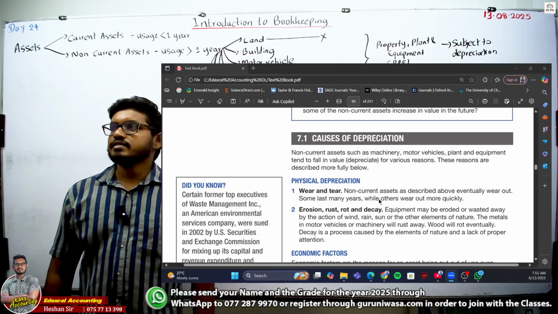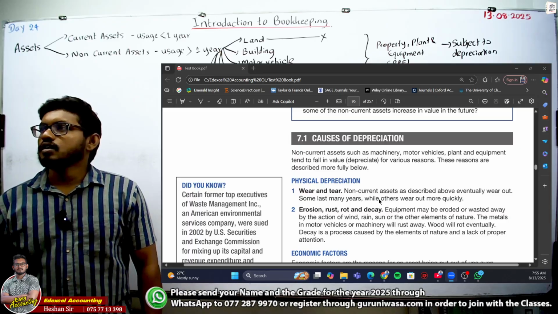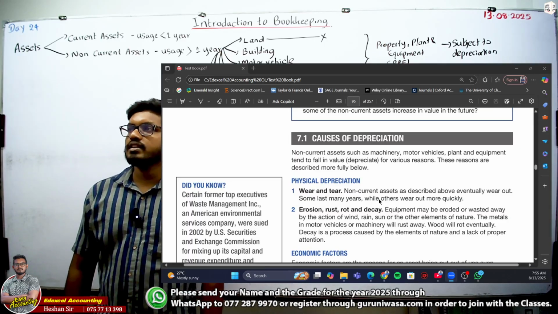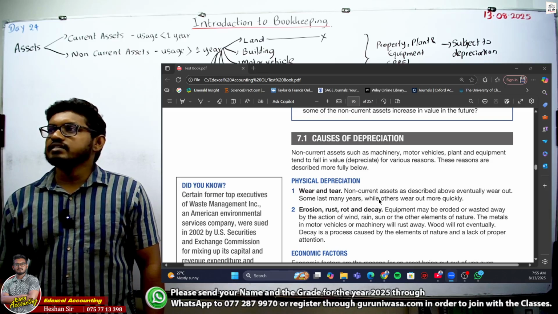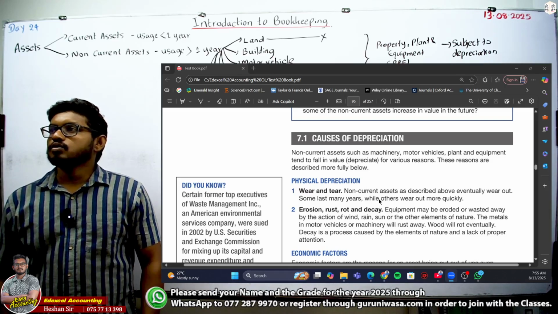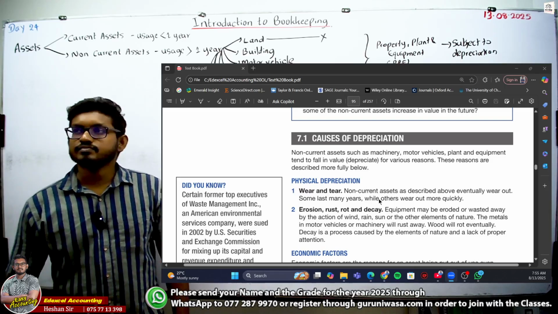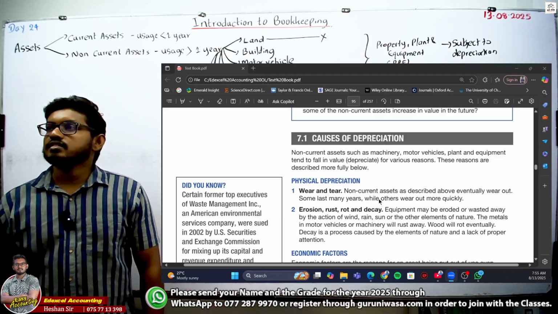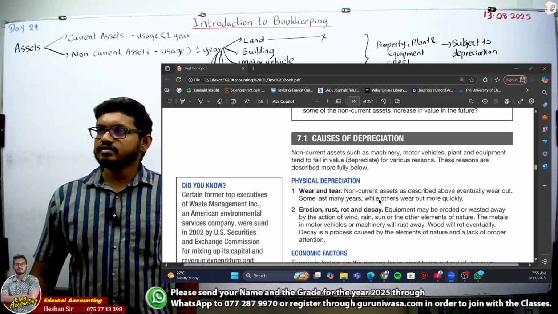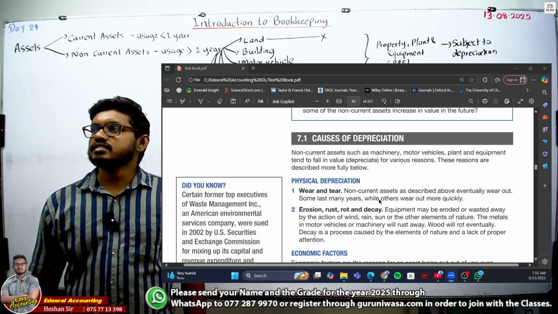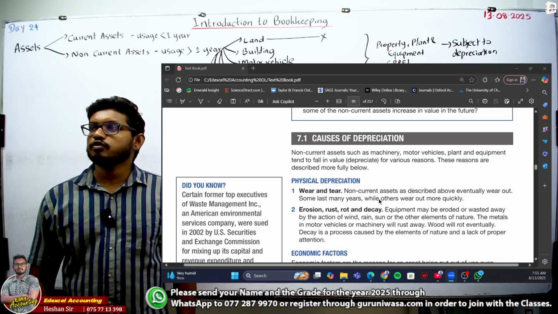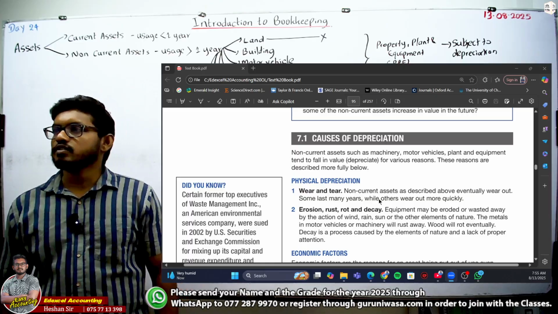Non-current assets eventually wear out. Some last many years, while others may wear out more quickly. Wear and tear. Erosion, rust, rot, and decay. Equipment may be eroded or wasted away by the action of wind, rain, sun, and other elements of nature.